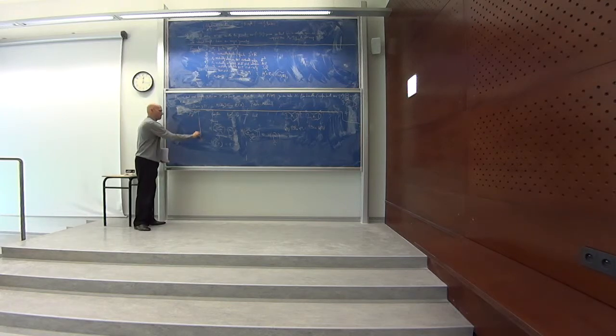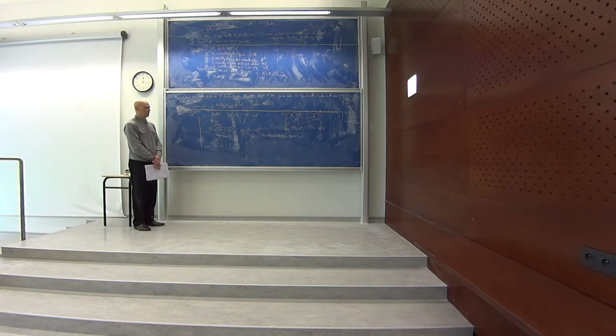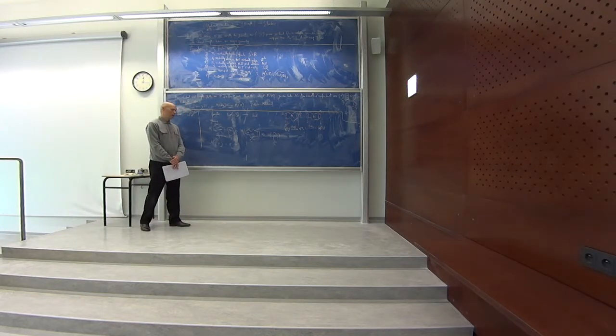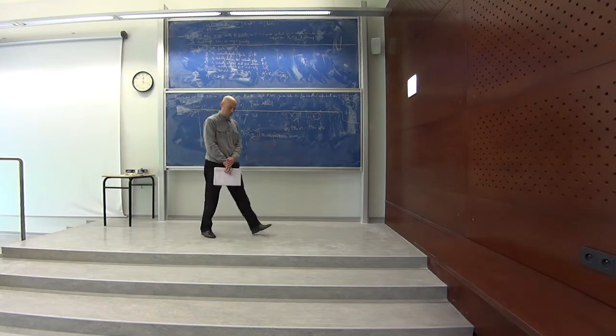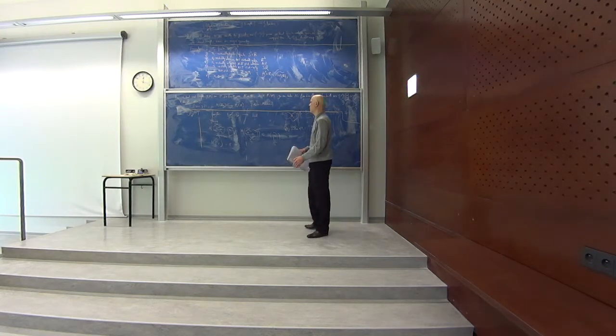So all examples occurring until now are naturally coming with a complex structure, and now there are some other cases in characteristic P and so on.